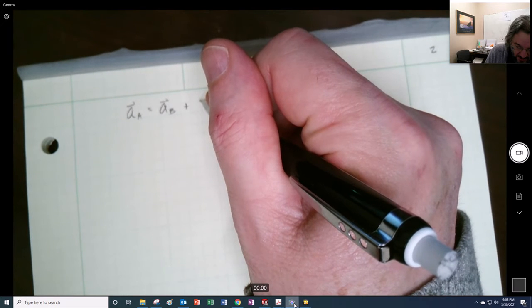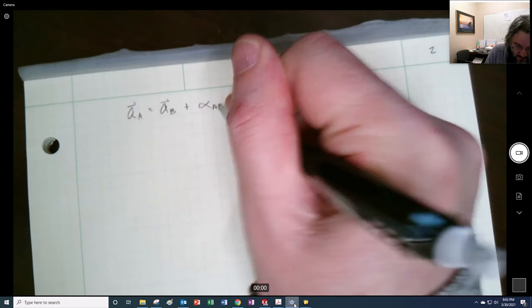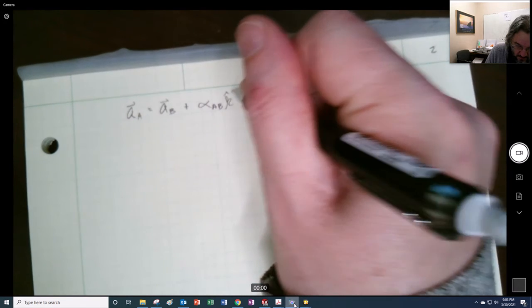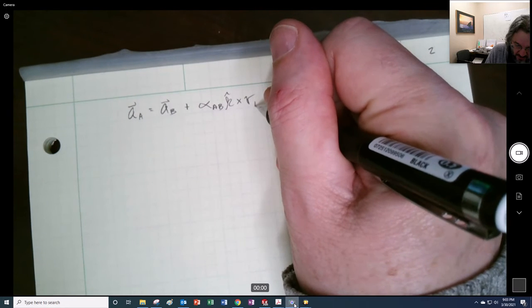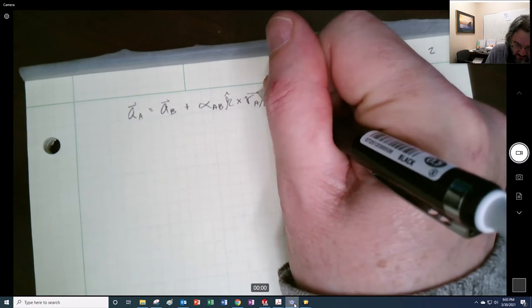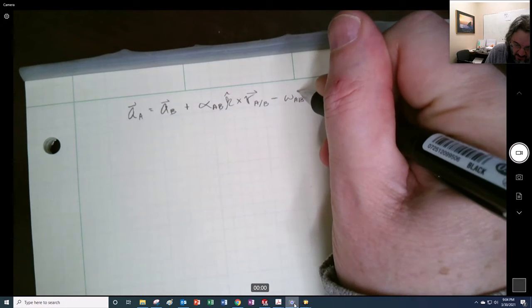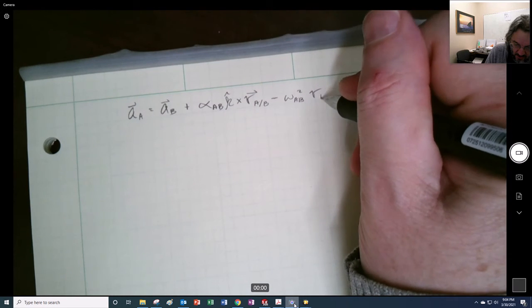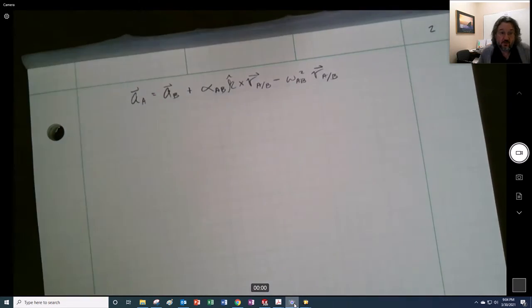I'm going to double check. I think I go acceleration first, crossed with R, should be A with respect to B, minus omega AB squared times R A with respect to B. Right, so we have more things.